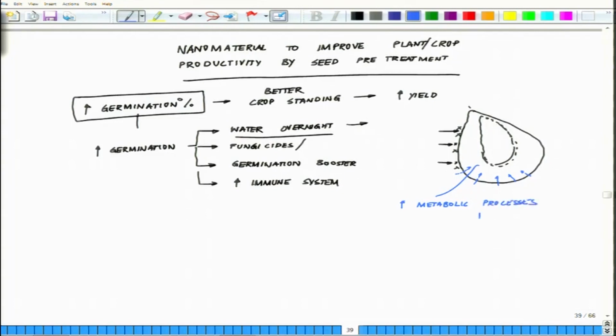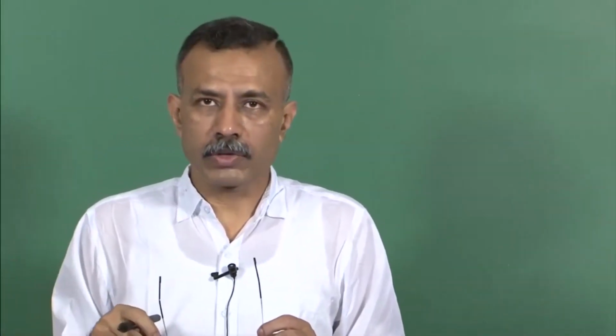So, the next day, the germination vigor is more. This is an age-old practice that farmers have been following through centuries, since possibly the dawn of civilization, and it will continue till the dusk of civilization.